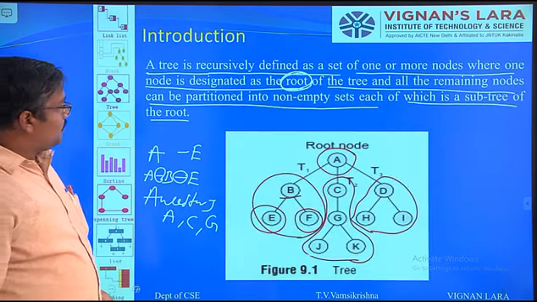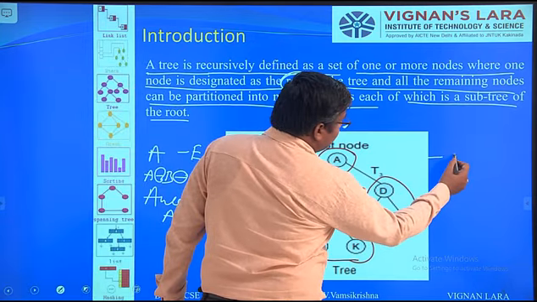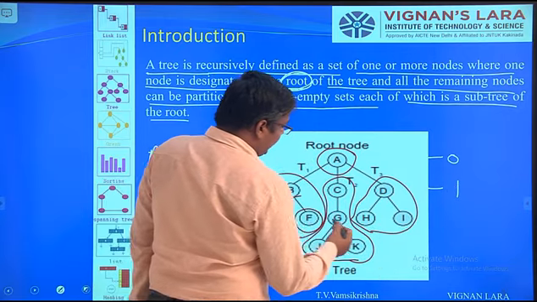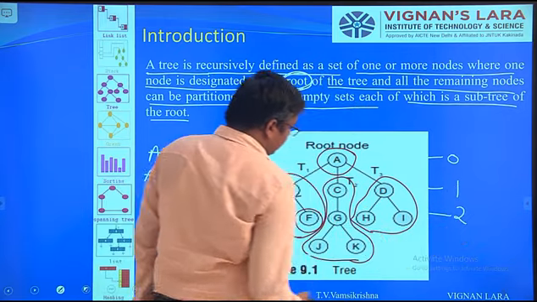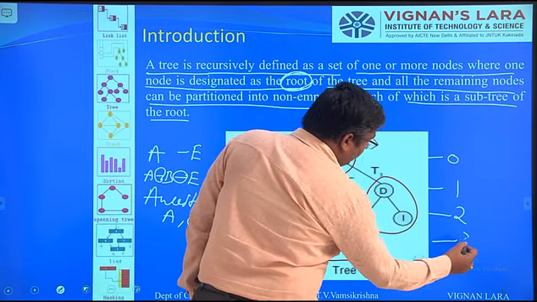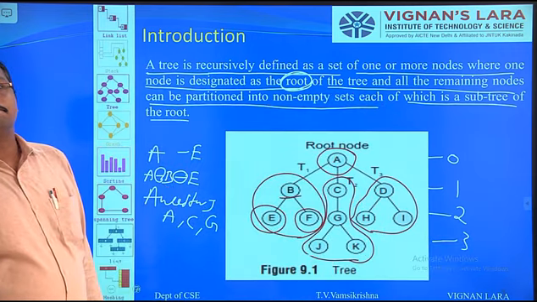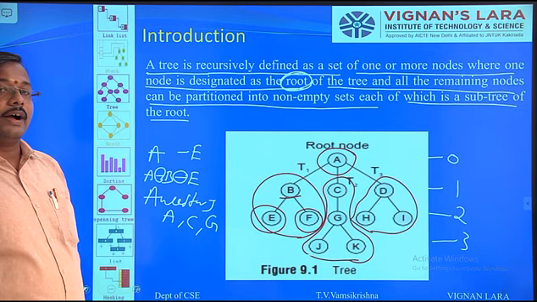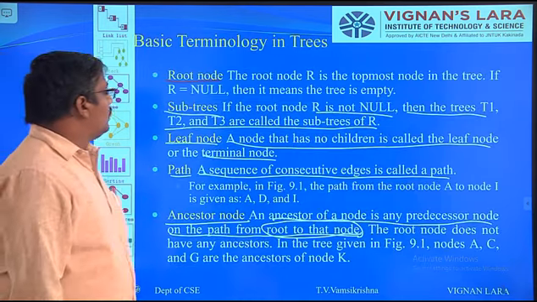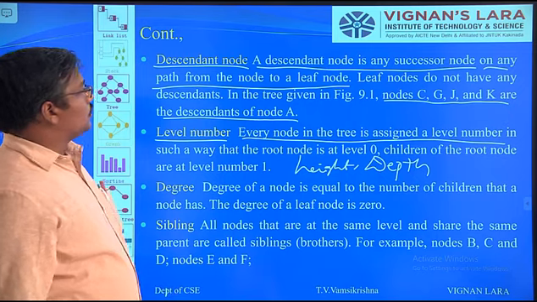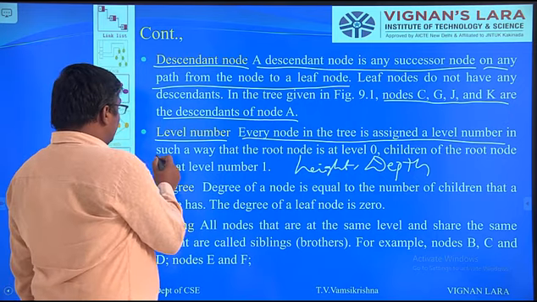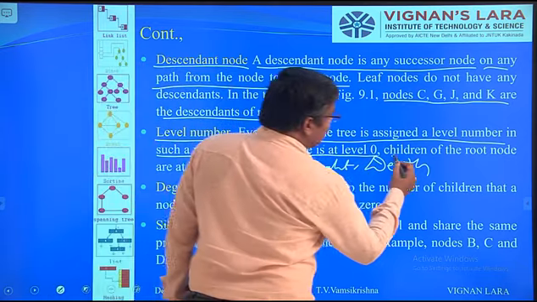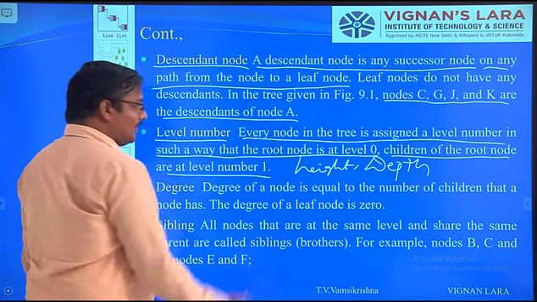Say in the previous case, A is at the 0th level, B, C, D at the first level, E, F, G, H, I at the second level. J, K are at the third level. Like that we define levels. Always the 0th level consists of the root node only. The root node is at level 0, so the children of the root node are at level 1.